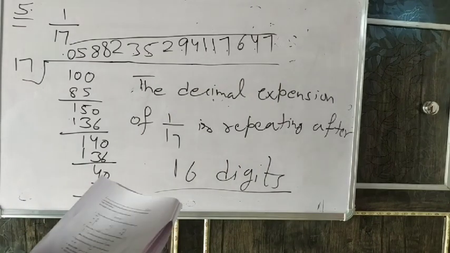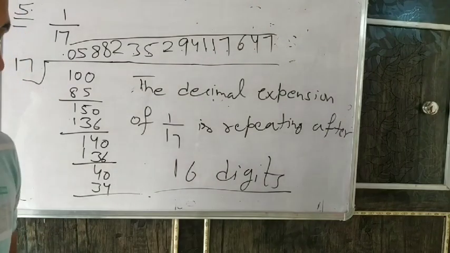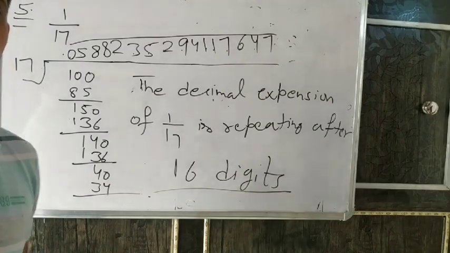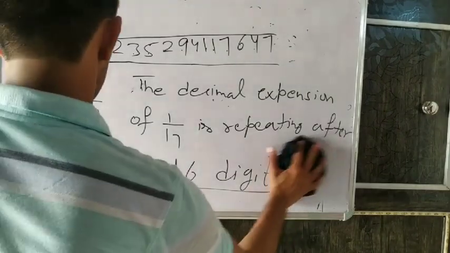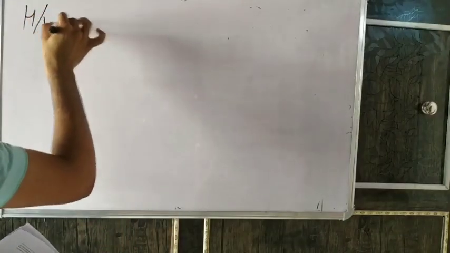Sixth question, it is your homework. Do it yourself. Exercise 1.3 is finished, and do all the examples also in your fair notebook. I am giving one more extra for your homework. What is it?